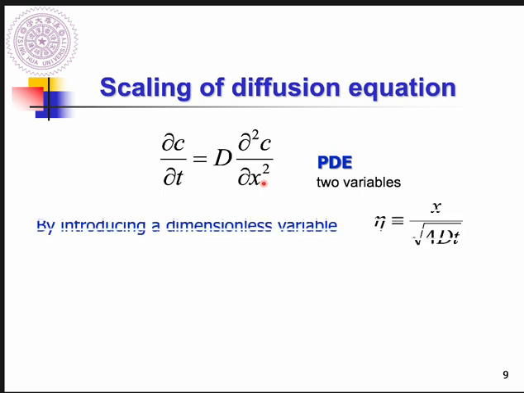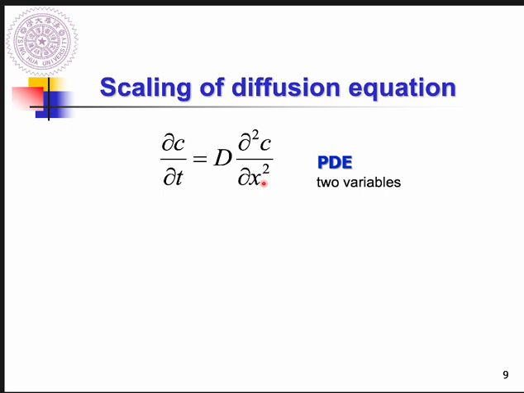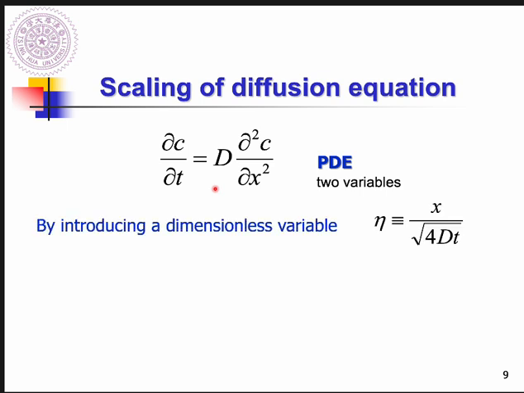Okay. Then how do we solve this partial differential equation with two variables x and t? We need to introduce a dimensionless variable iota, combining x and t.